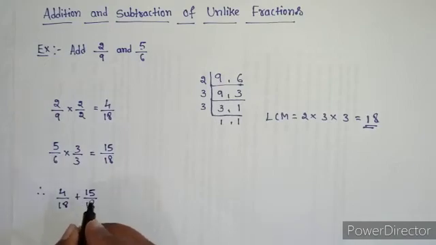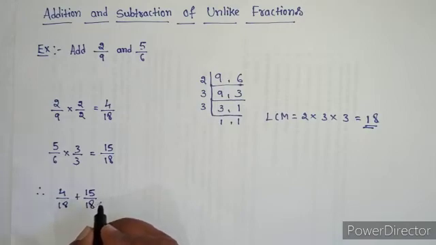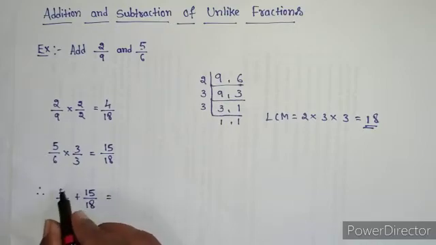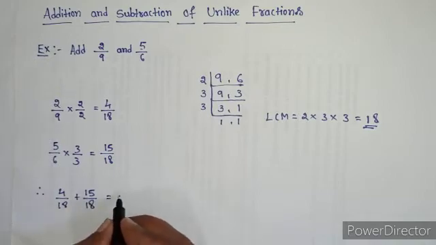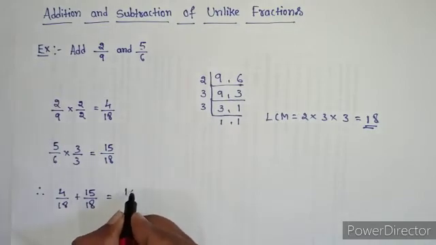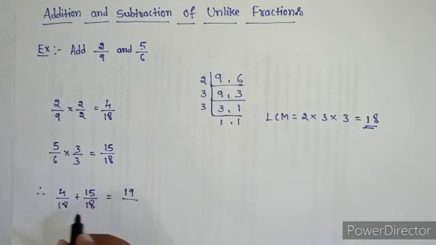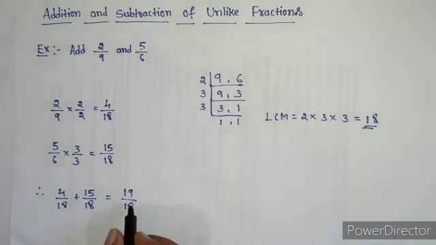Now denominators are same, so add only numerators. 4 plus 15 is equal to 19, and the denominators are the same, as it is. So here we got 19 over 18.